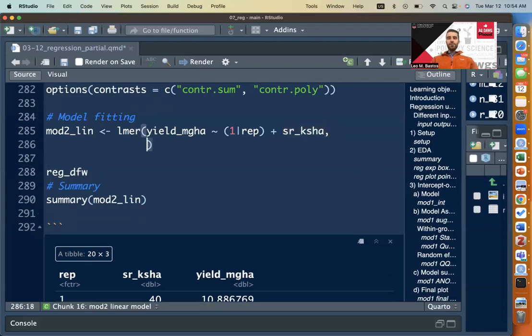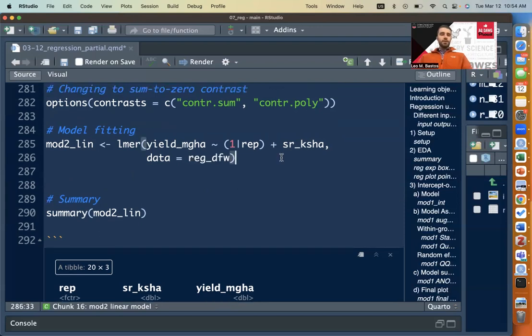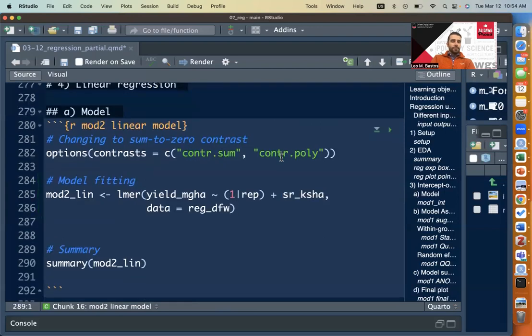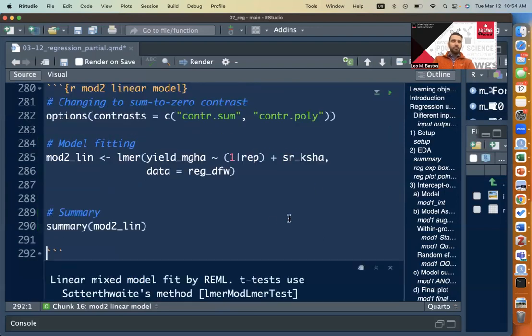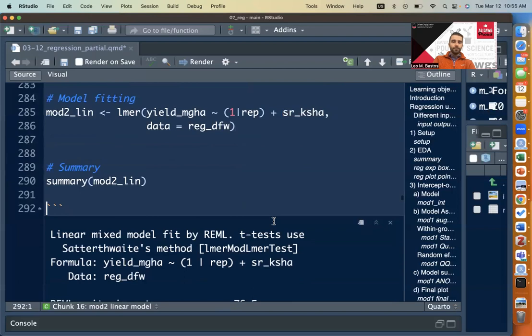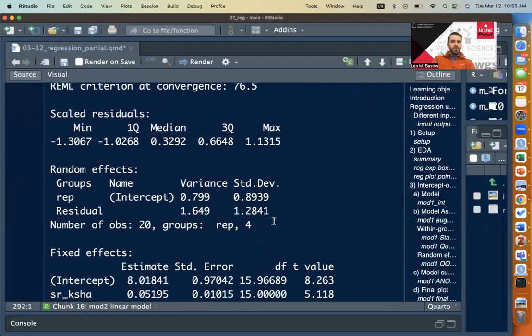So make sure we also save the data. So data equals reg_DFW. All right. So if we run this model now, we check the summary quickly here. It's going to have here on the random effects the same thing as before, the rep and residual.